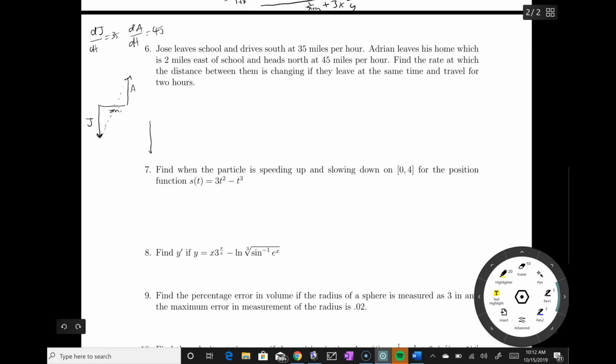So I'm going to transpose, put J and A together, and then I'm going to put the 2 miles down here, and I'm going to find the rate the distance between them is changing here. So my equation will be c squared equals (A plus J) squared plus 2 squared.